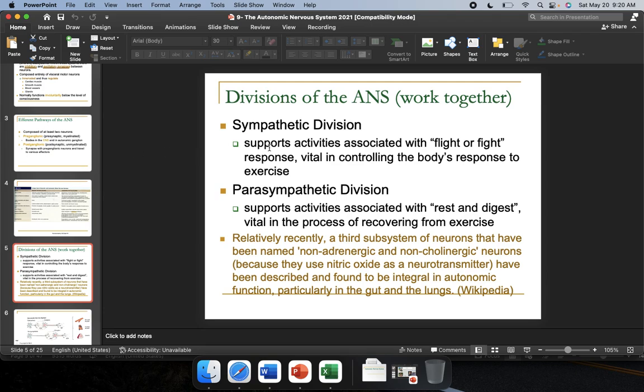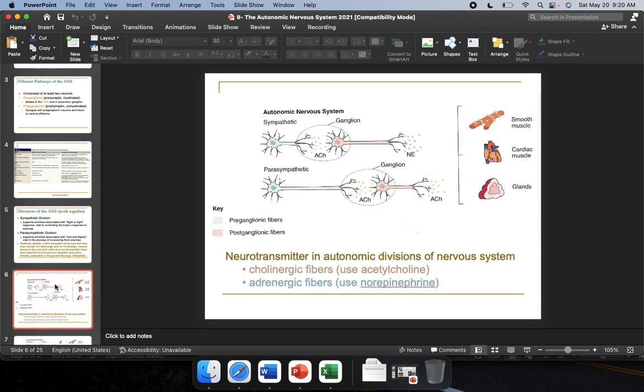Now we're going to dive a little more into the divisions of the autonomic: sympathetic versus parasympathetic, fight or flight in the sympathetic, and rest and digest in the parasympathetic. And then here's a little about the enteric nervous system.